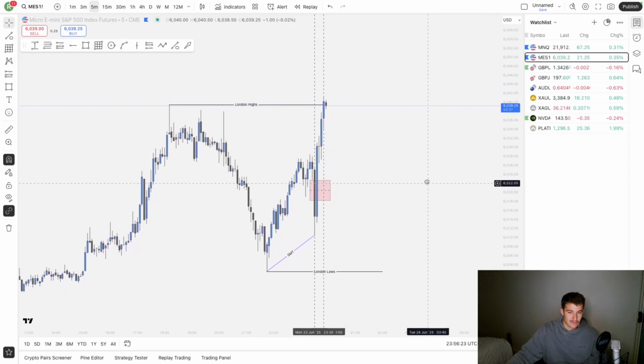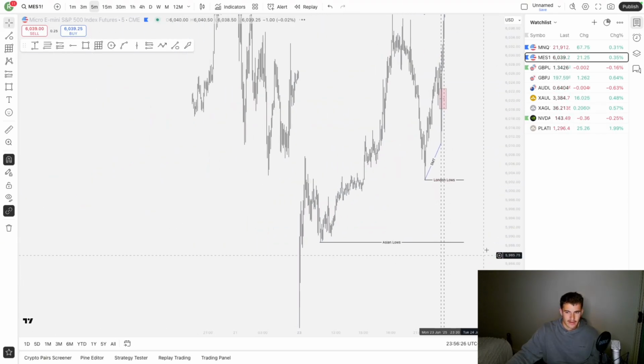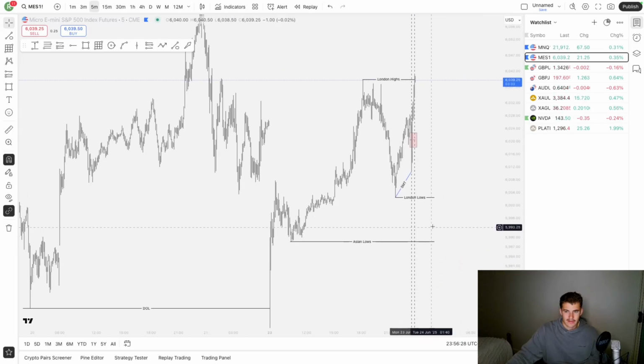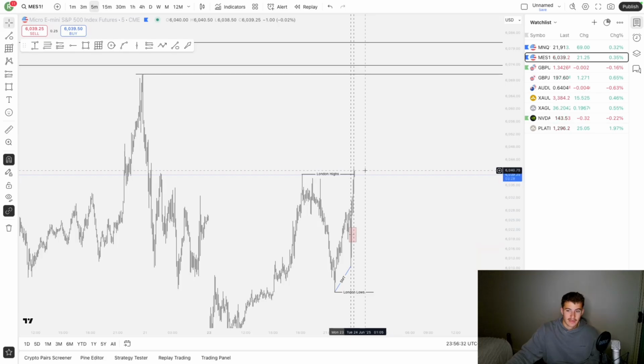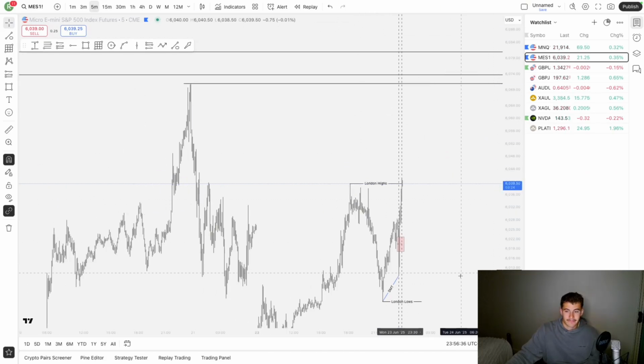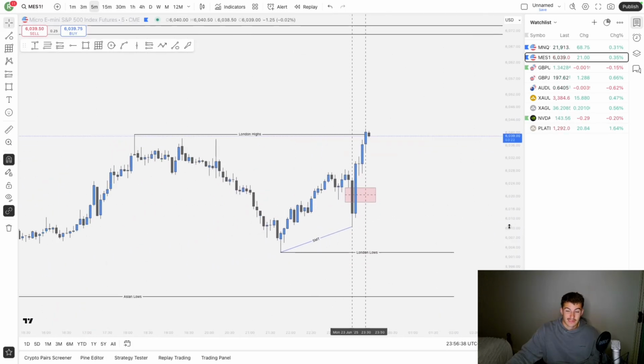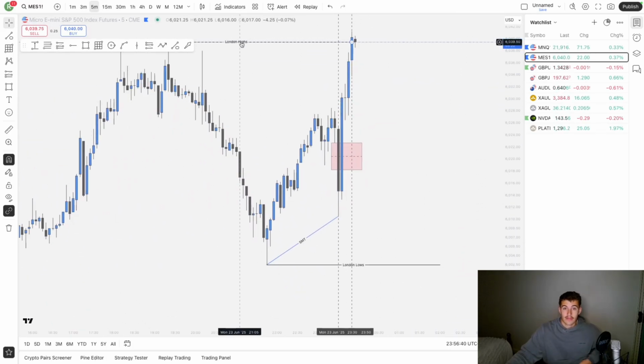I just don't see us rotating all the way down to take out London and Asian. I would prefer to see us continue to respect bullish order flow and come up here, because that's what the overall higher time frame bias is telling me.